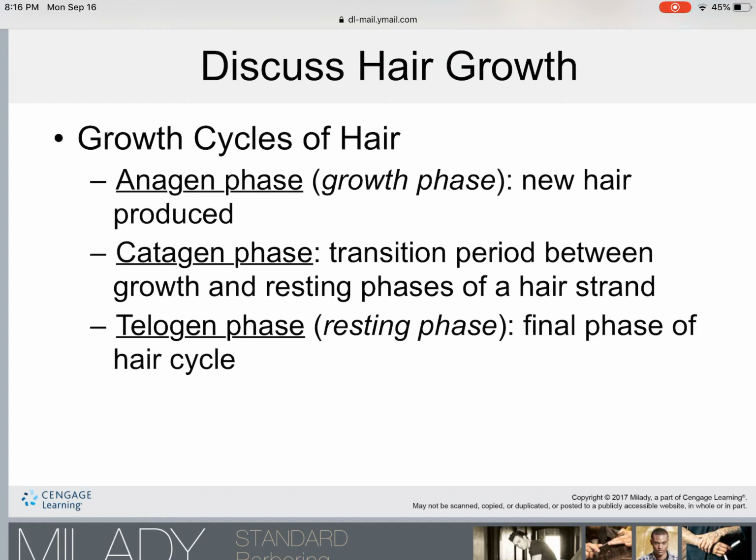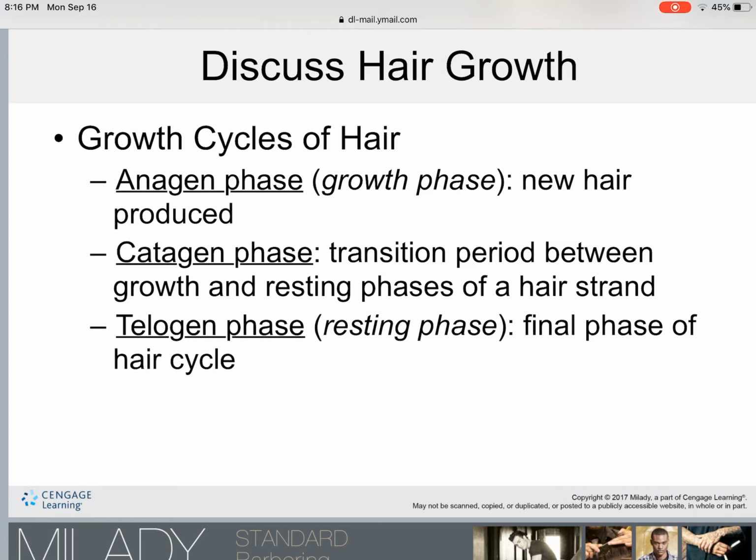Then you have the telogen phase, which is called the resting phase. That is the final phase of the hair growth cycle. The hair either sheds during this phase or remains in place until it is pushed out by the growth of new hair in the next anagen phase. Less than 10% of the scalp hair is in the telogen phase at any given time.